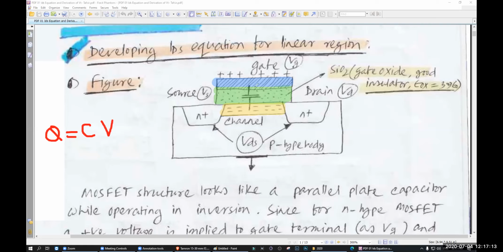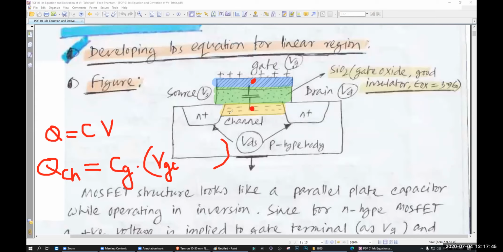Here, we can write Q channel is equal to C. C is the gate capacitance, let's call it CG. And V is the voltage across this. Here we cannot write any V, we have to write VGC. What is VGC? VGC is the voltage between this point and this point.